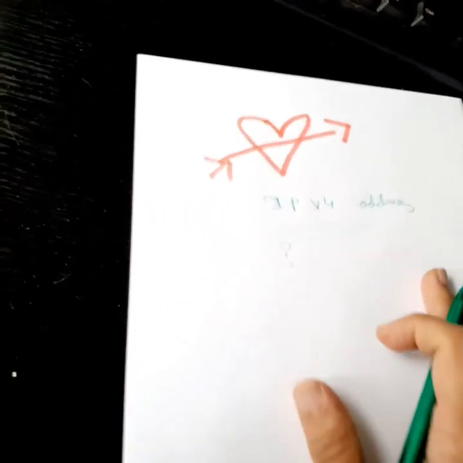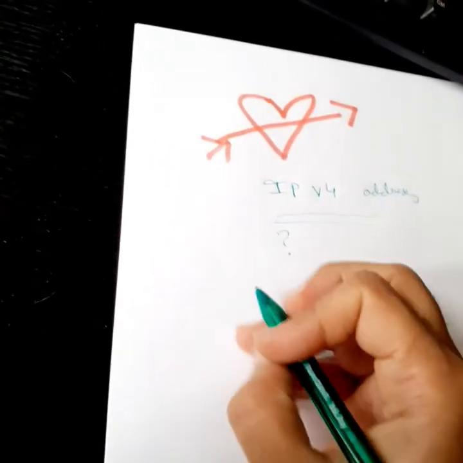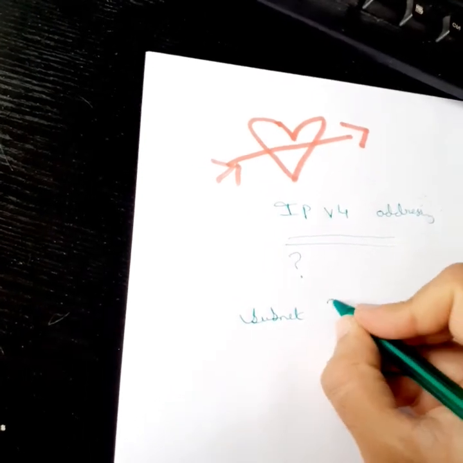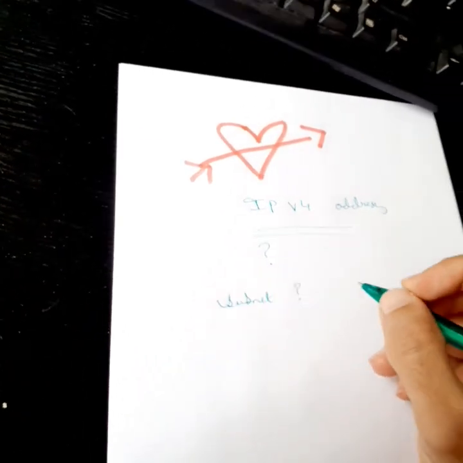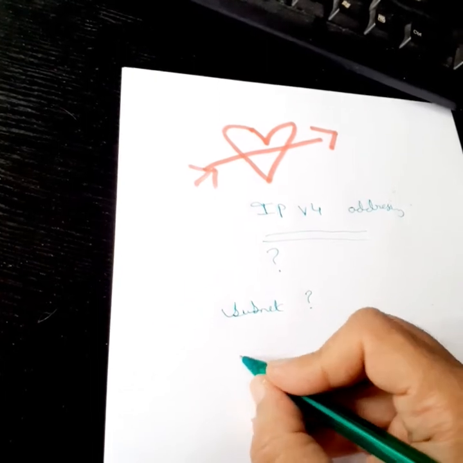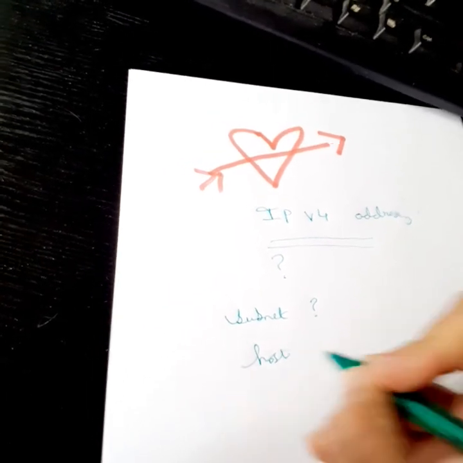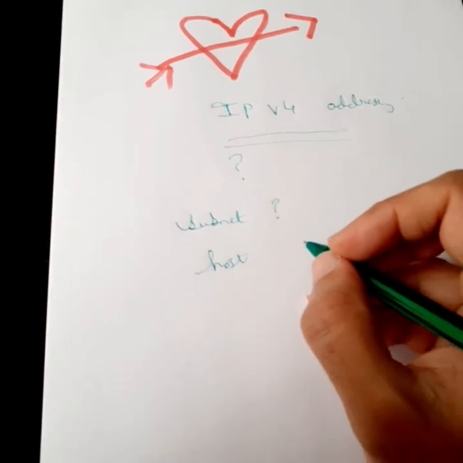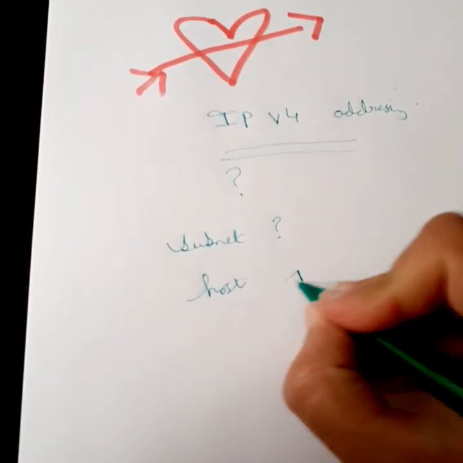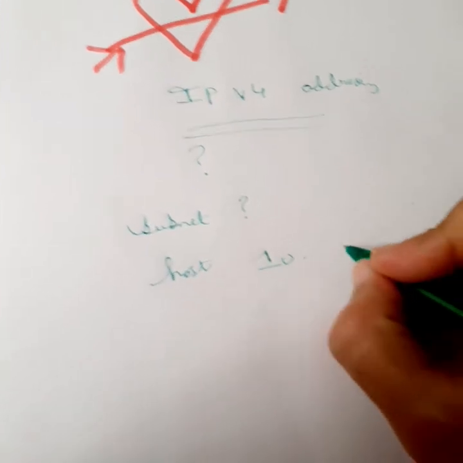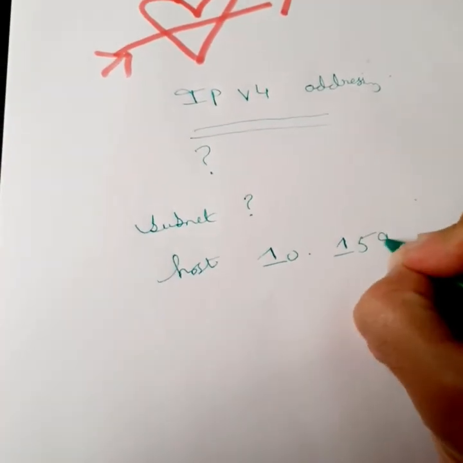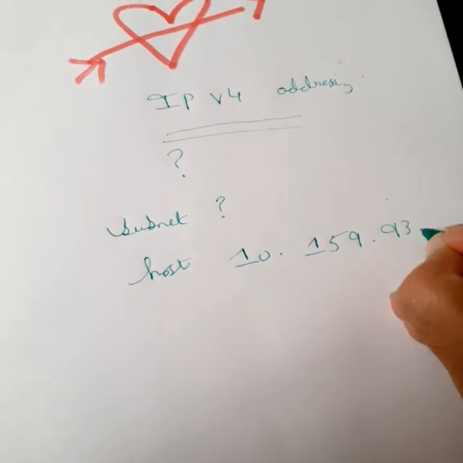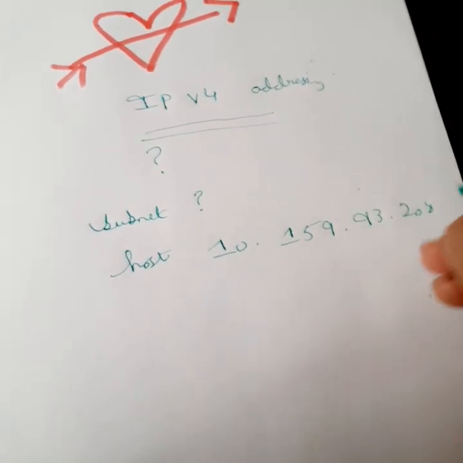Right, today our problem, yes. We have to find the subnet, obviously, and the host which has been given to us. I think we should go with a class A address today, 10.159.93.208.